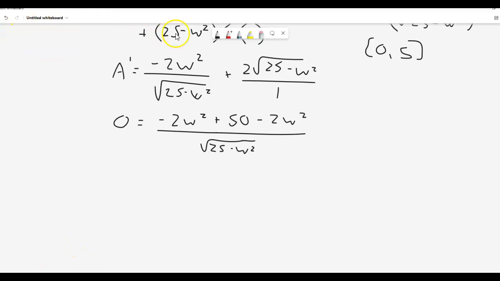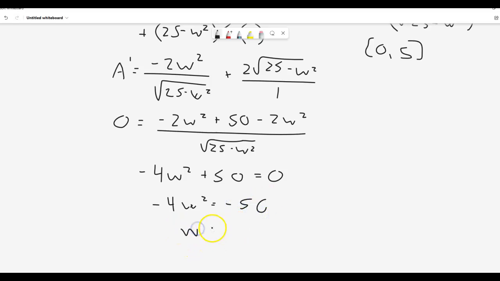So let us go ahead and do this. So this is going to be negative 4W squared plus 50 is equal to 0. That means negative 4W squared is equal to negative 50.